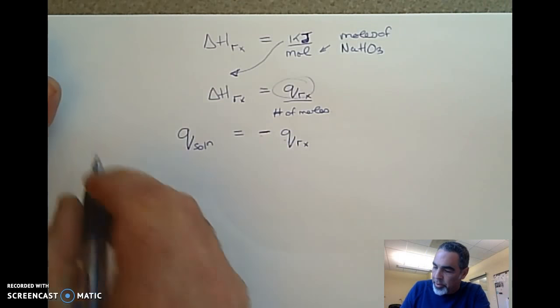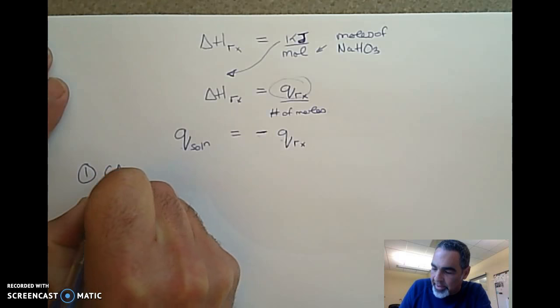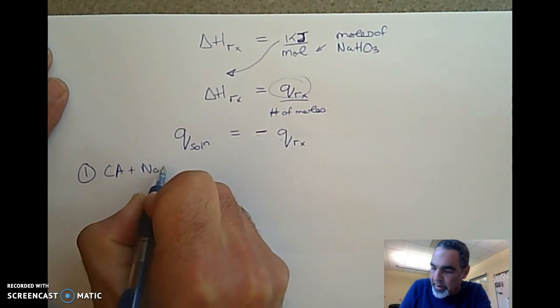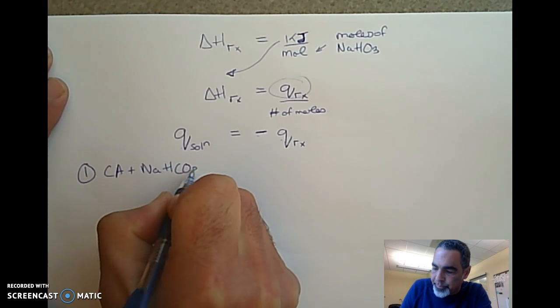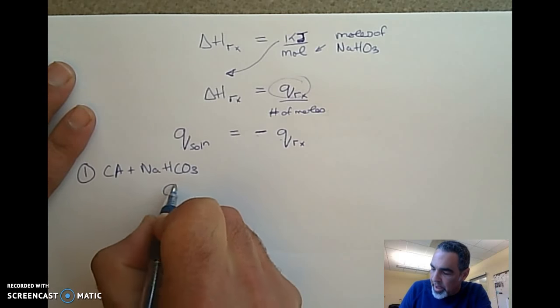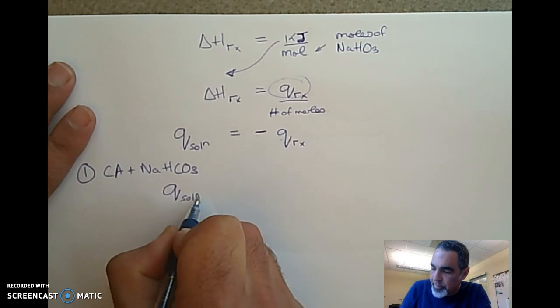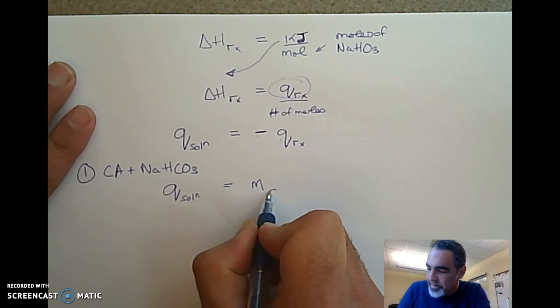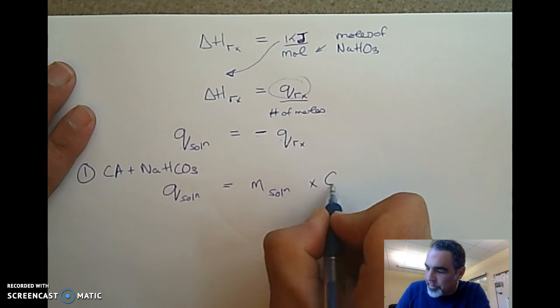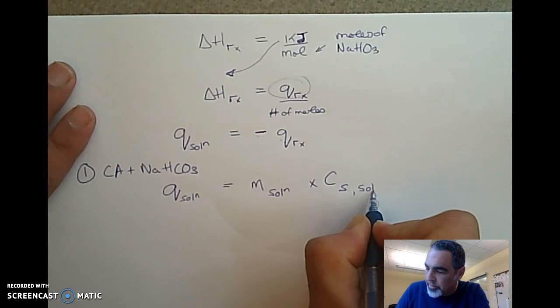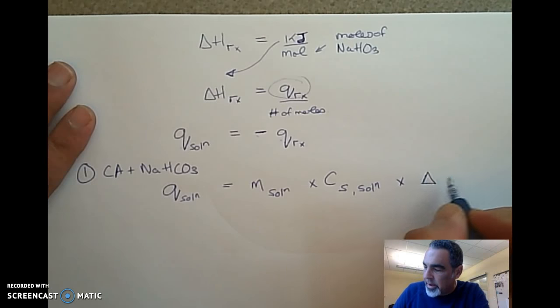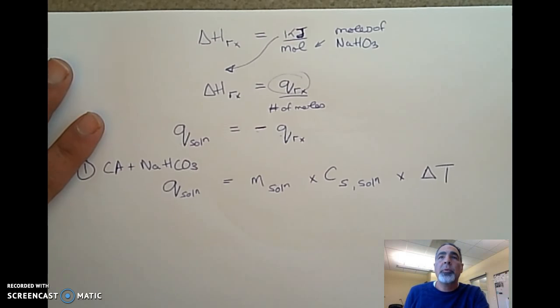Let's go through that with our first experiment, citric acid and sodium bicarbonate. We're going to calculate Q of the solution, and that is equal to the mass of the solution times the specific heat of the solution times the temperature change.